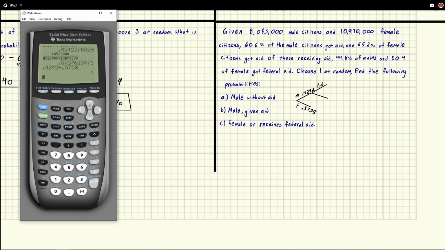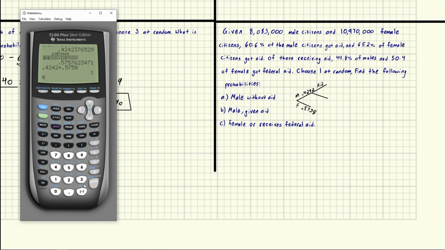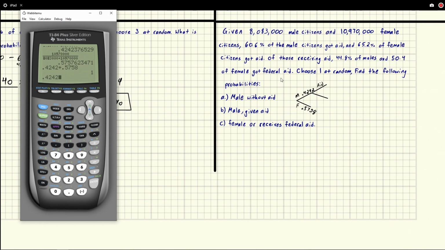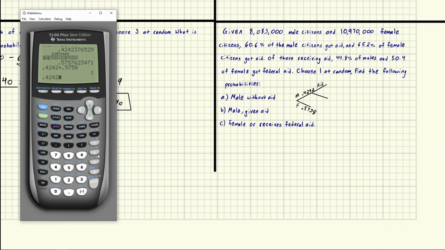For the aid, well, we know 0.4242, this is male. And then if we say male and aid, that's going to be male times the chance that they got aid. Well, 60.6% got aid. So we're going to multiply by 60.6.